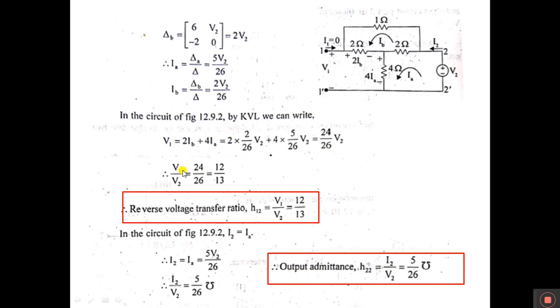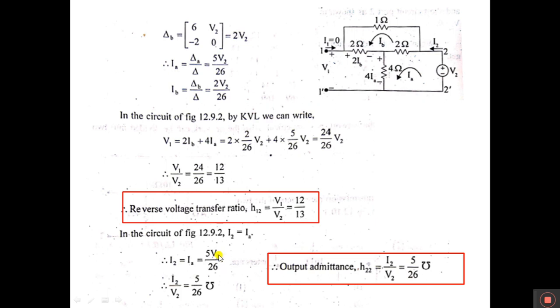So now V1 by V2 equals 24 by 26, that is 12 by 13. That is our reverse voltage transfer ratio H12. So V1 by V2 equals 12 by 13. Similarly, from the circuit, I2 equals IA. That IA value is already calculated, that is 5 V2 by 26.